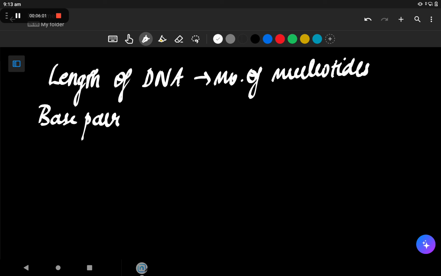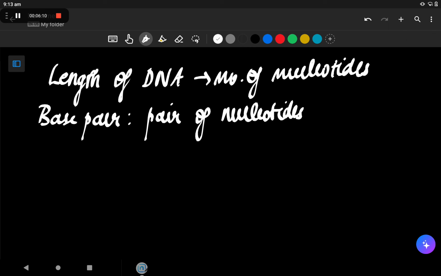It is the pair of nucleotides. When two nucleotides combine, it is known as base pair. And how many nucleotides are present is the length of the DNA. Got it? So how do you find the length of the DNA? It is the number of nucleotides present. What is base pair? It is a pair of nucleotides.